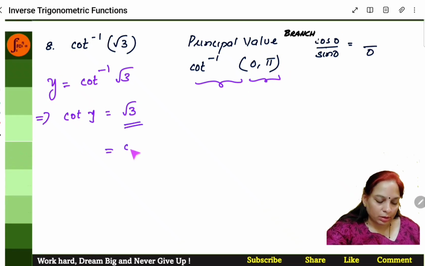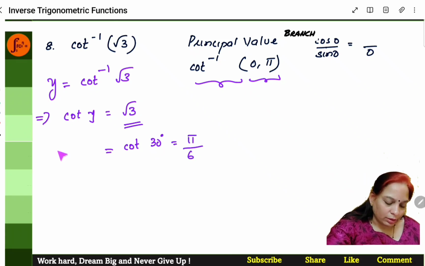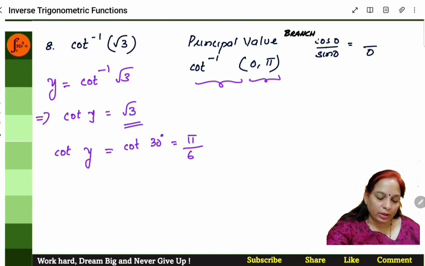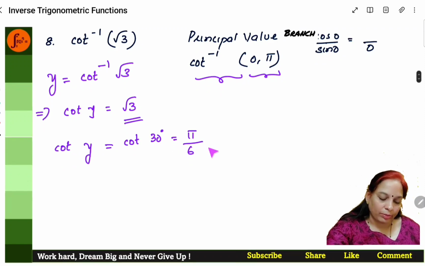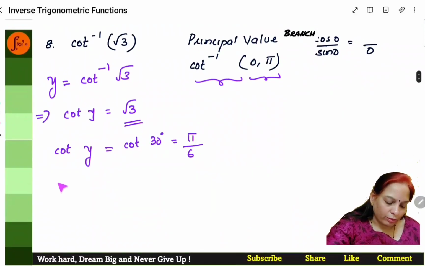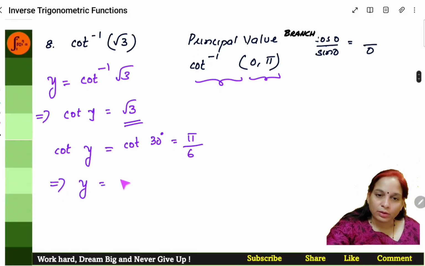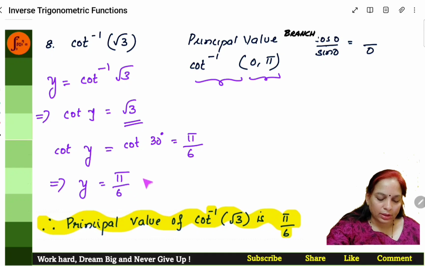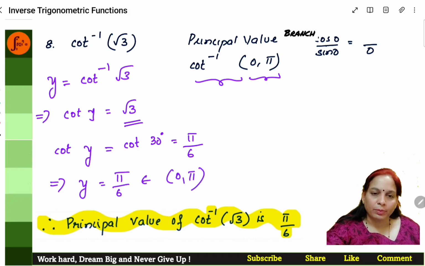Root 3 is nothing but cot 30 degrees, which is pi by 6, right? So cot y is equal to cot pi by 6. Therefore y is equal to pi by 6, and pi by 6 is within the range 0 to pi.